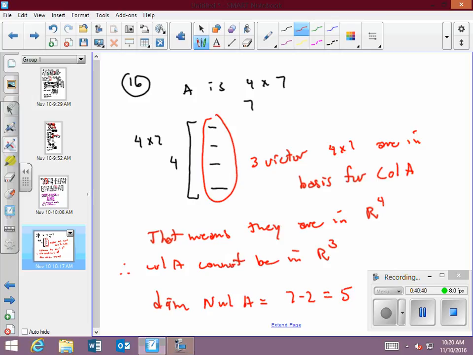It has to equal the number of vectors, and the number of vectors is 7. So in this particular matrix, there are 5 free variables. When you go to do the parametric equation, you'd have 5 frees.